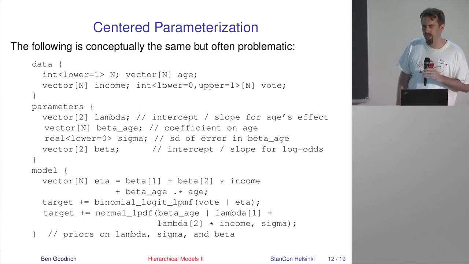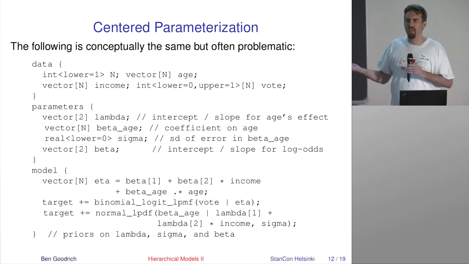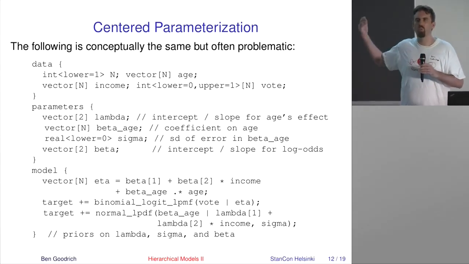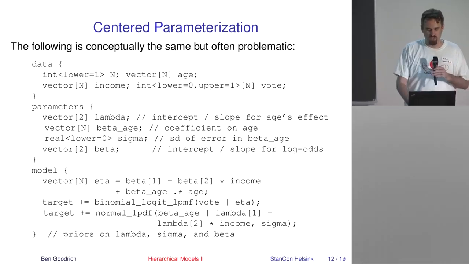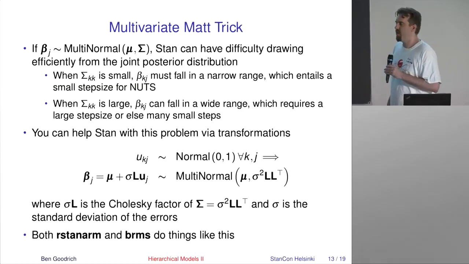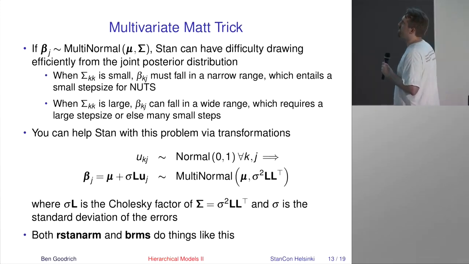But it's hard to say any sort of absolute rule, so sometimes you have to try it both ways. That said, RStanArm and BRMS basically only do non-centered parameterizations for things like this, so sometimes you have to take the code and change it if you want to do a centered parameterization.